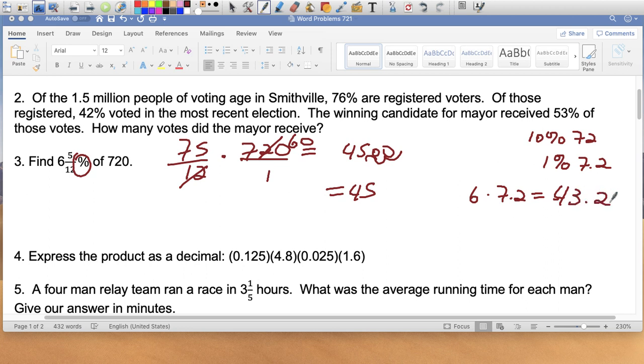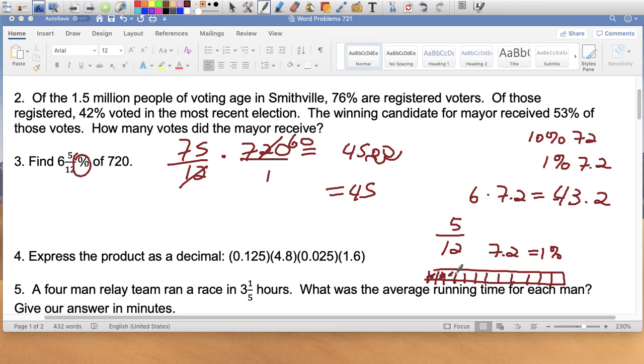And then I need to find out what 5/12 is. Well, I know 1% is 7.2, right? 7.2 is 1%. What's 5/12 of this? Well, let's divide. Sorry, divide that by 12, multiply by 5, right? So 7.2, you would represent this like this: 1, 2, 3, 4, 5, 6, 7, 8, 9, 10, 11, 12.